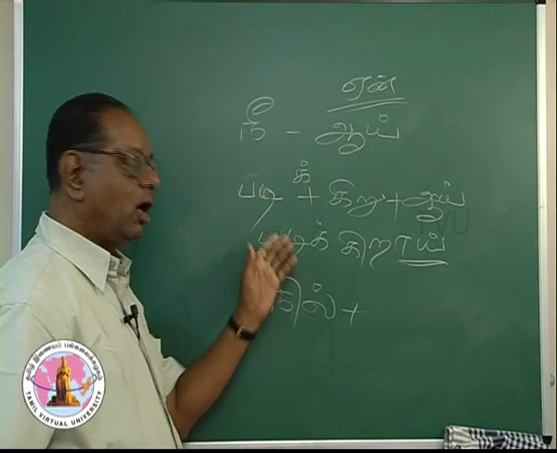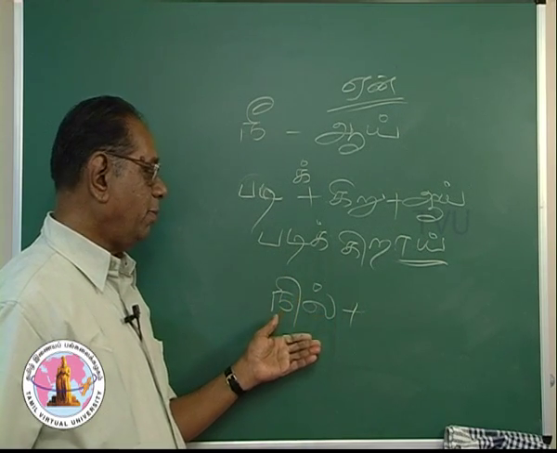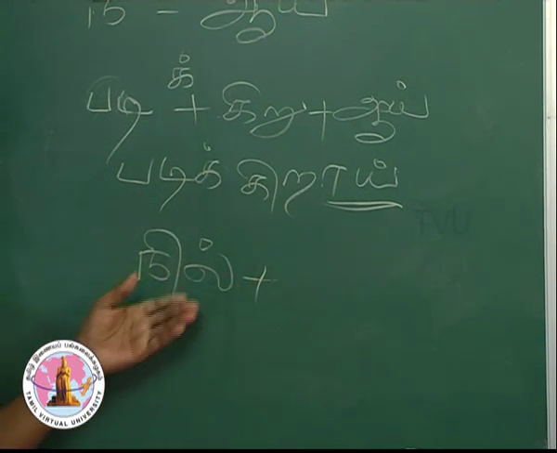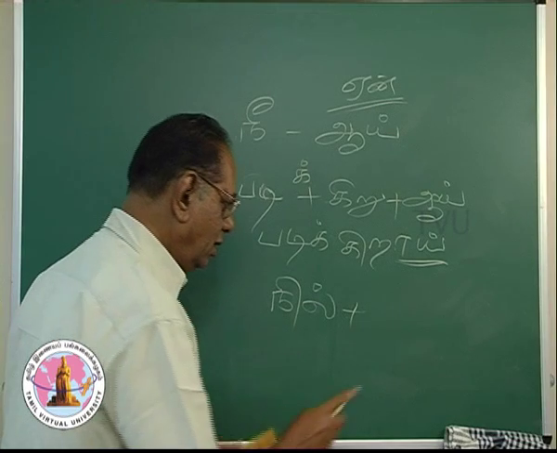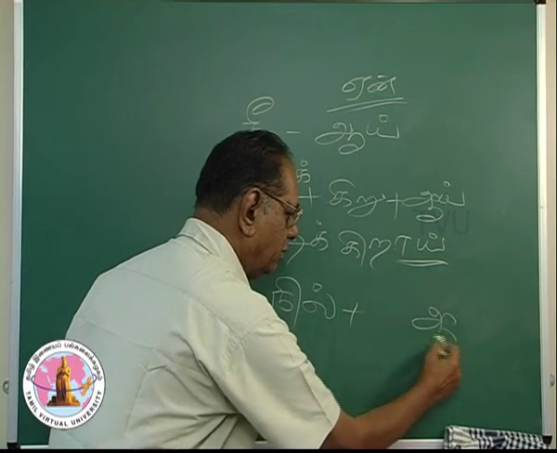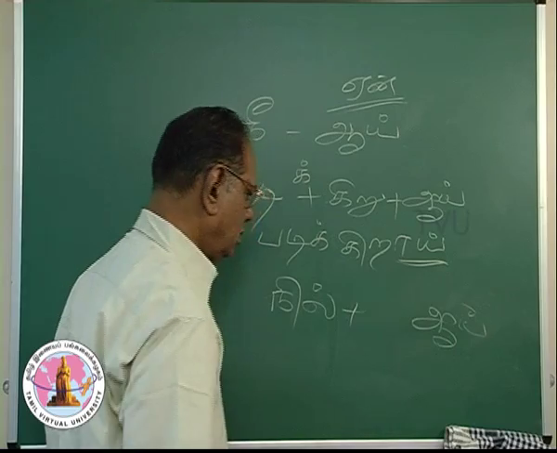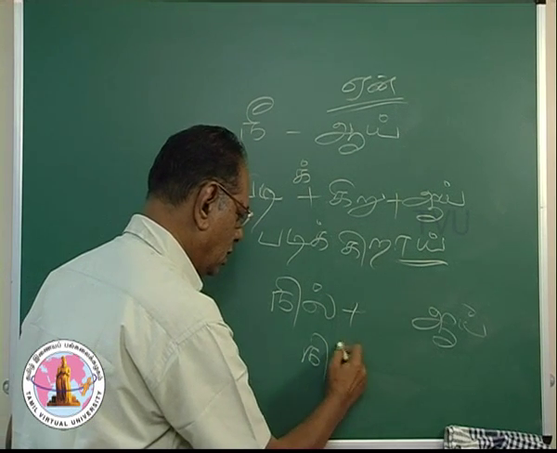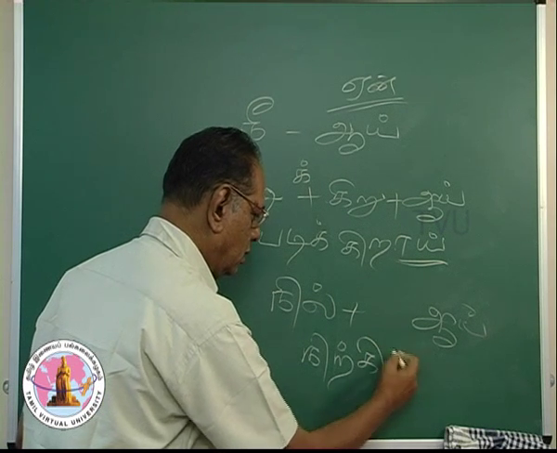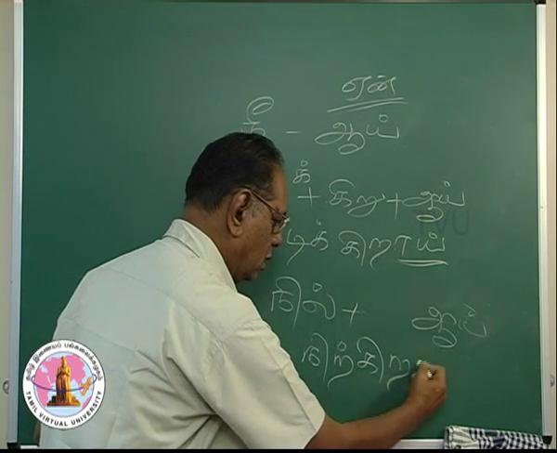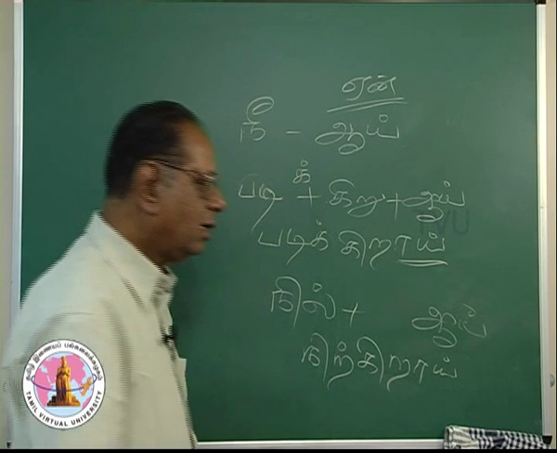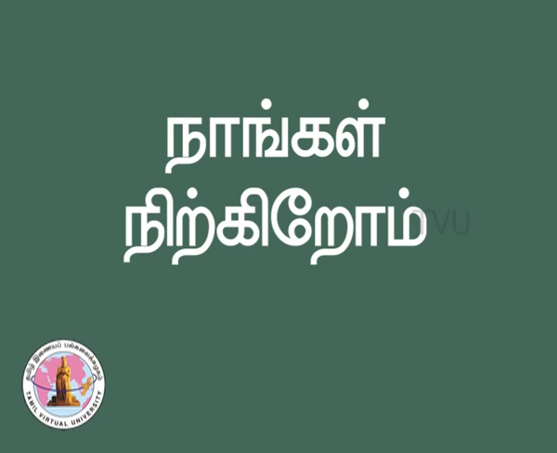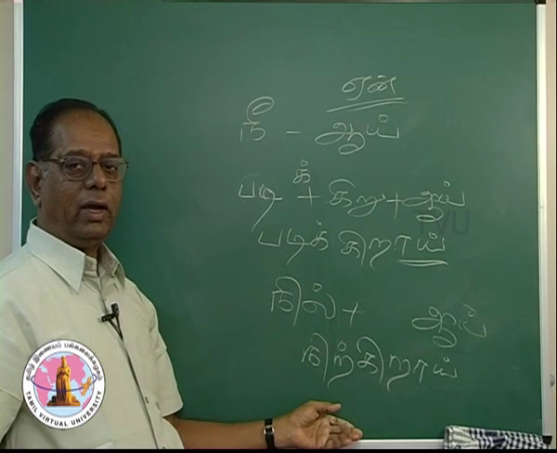We have read just now. What will happen to nil? Nothing will happen as far as the first part of the verb is concerned. Only the person marker is different. So, this will be Nirkirai. நான் நிற்கிறேன், நாங்கள் நிற்கிறோம், நீ நிற்கிறாய்.